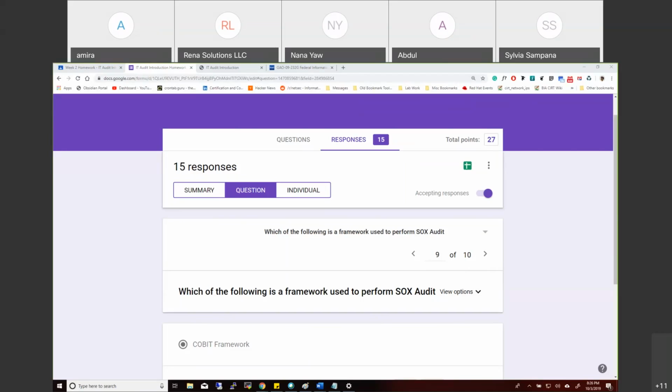What is the opposite of... what is the federal... is it SOX? It's FISMA. FISMA is not a framework, it's a project. Oh, close. Oh geez, don't say it. Don't say it.